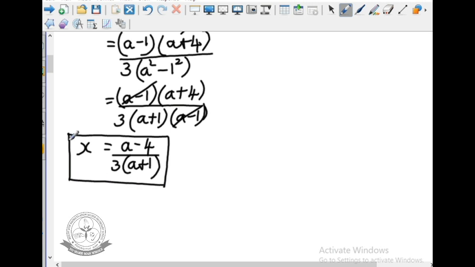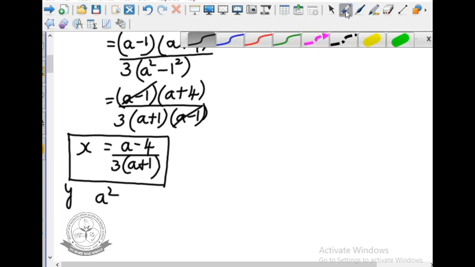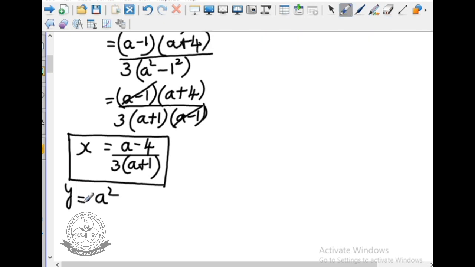Now take y. y is given as a squared plus 2a minus 8 whole divided by 2a squared minus 2a minus 4.